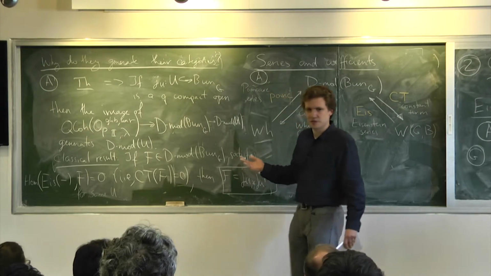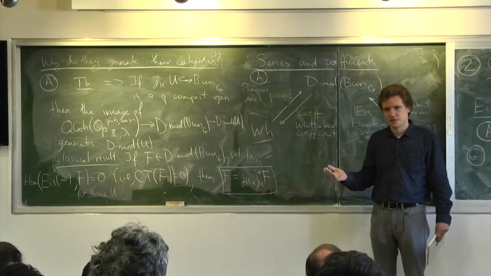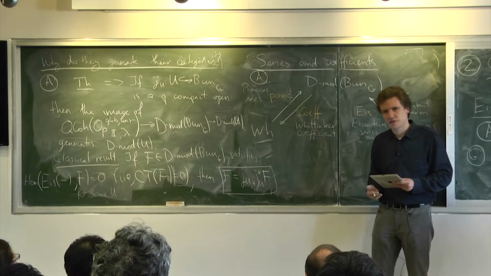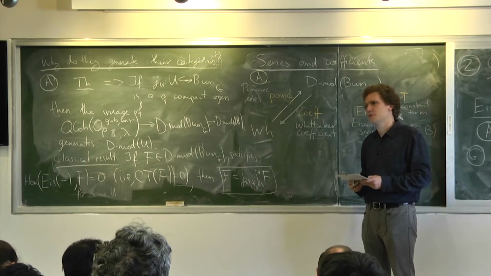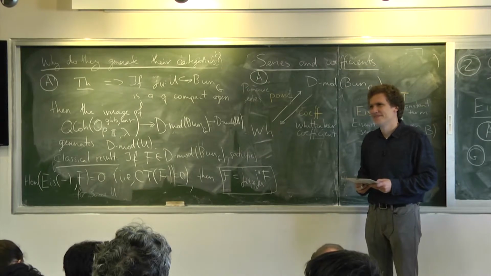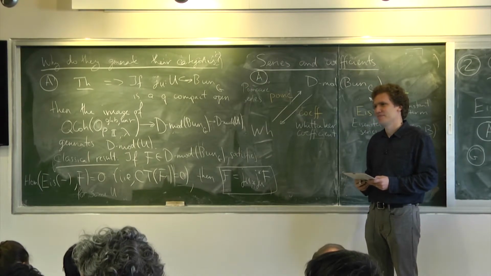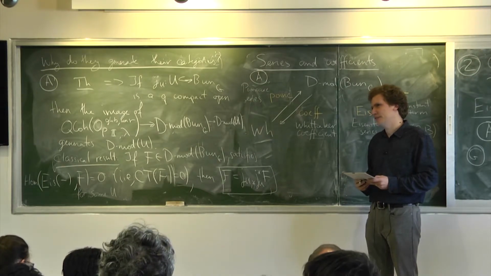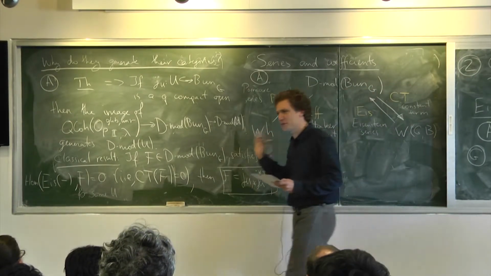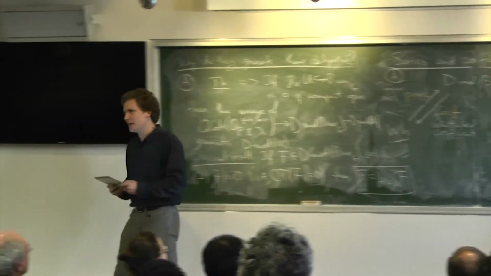Throw away all variance. Yes, complement to some organization. Drinfeld wrote down explicitly in this paper about compact generation of Bun G. But this is GL2 again, so it's much easier to say.